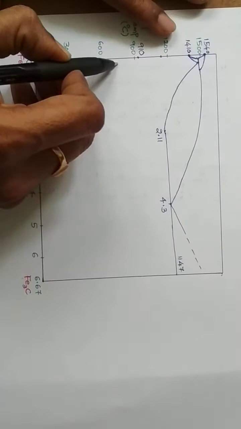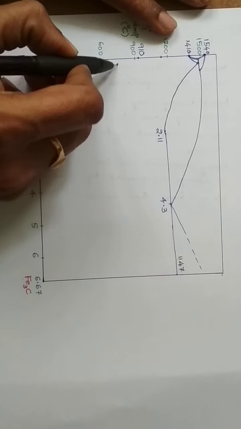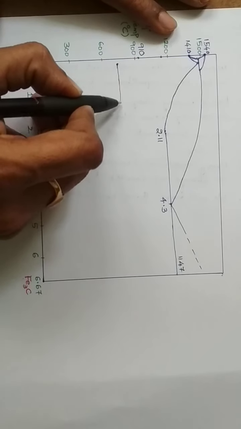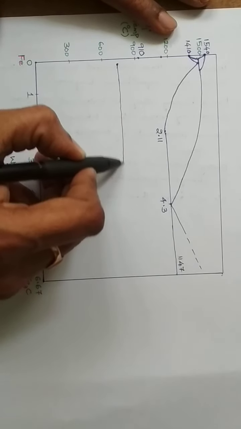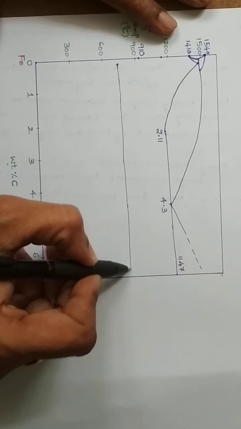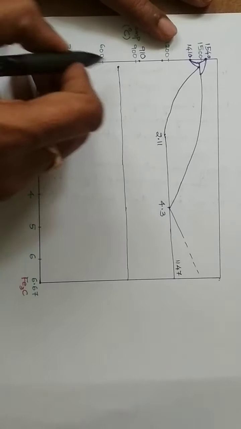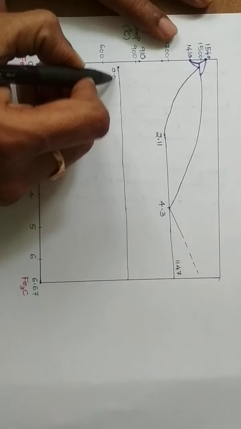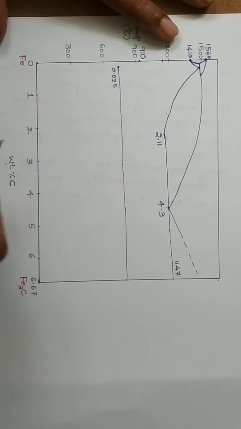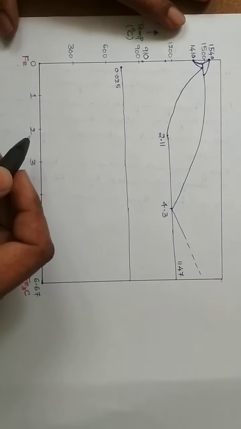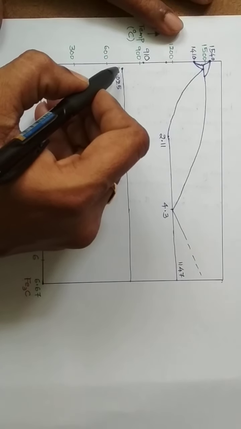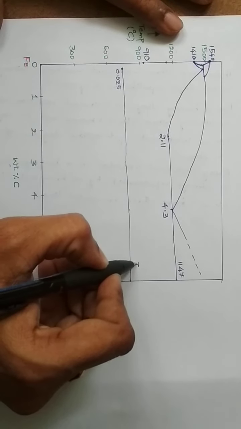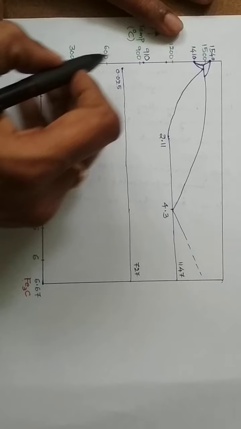Its left hand composition is 0.025, and its right hand composition is 6.67% carbon. So this is 727 degrees centigrade.